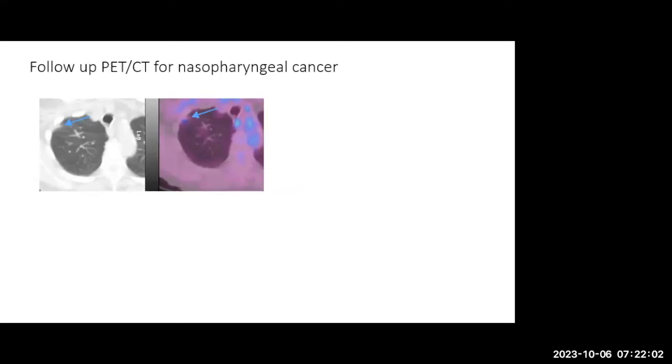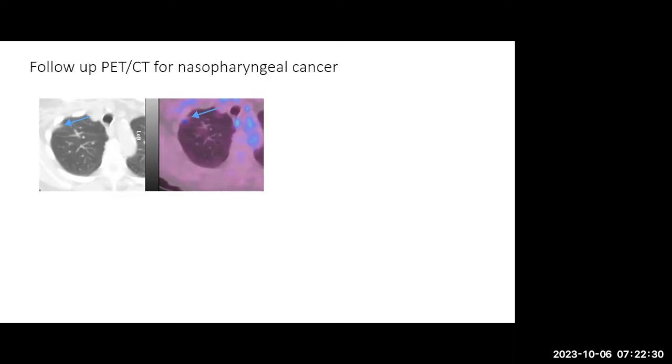I just want to show you a patient that was being followed for nasopharyngeal cancer, as we frequently see. This is the axial scan again. You can see here just a very small opacity in the right lung apex, pleural-based, with some mild uptake, which was described and follow-up was recommended.